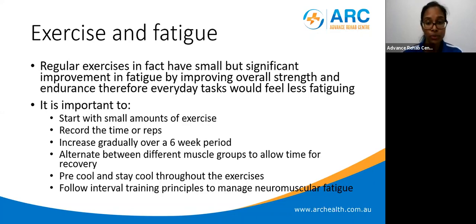This is especially important for managing that neuromuscular type of fatigue, but also look at cooling strategies prior to, during, and after exercises, and high intensity interval training. Basically you do maybe 10 seconds of high intensity exercises followed by 30 seconds of rest, and then gradually you will have a more one-to-one ratio of exercises as your endurance increases.